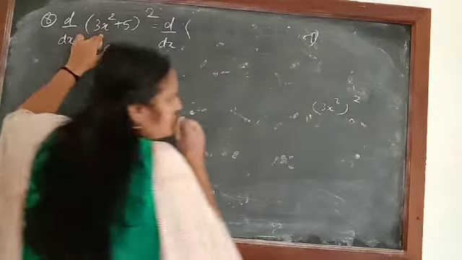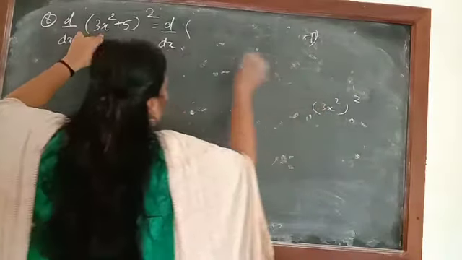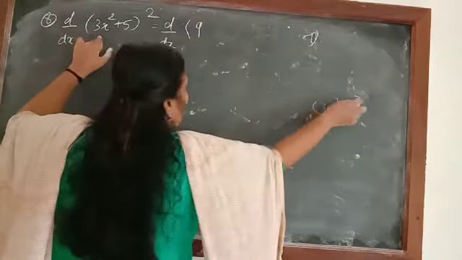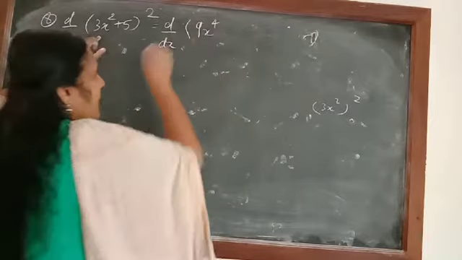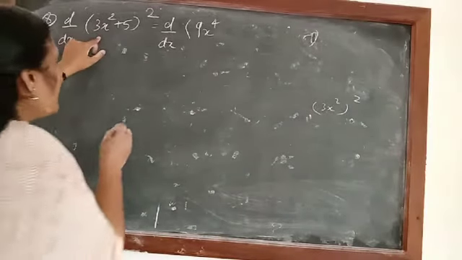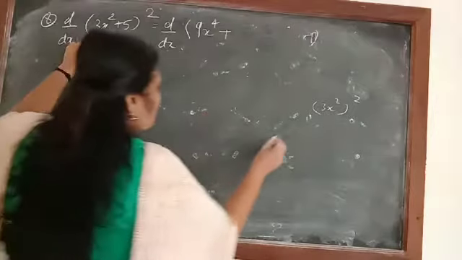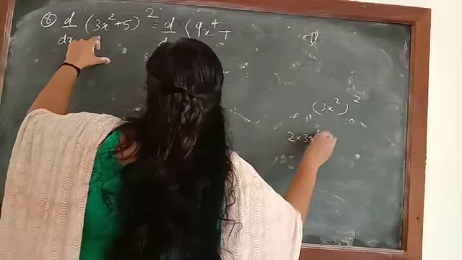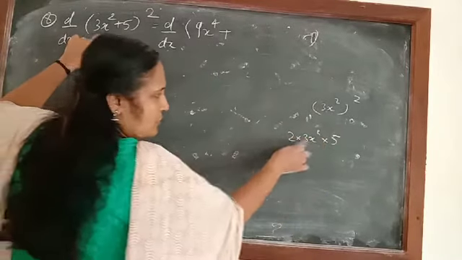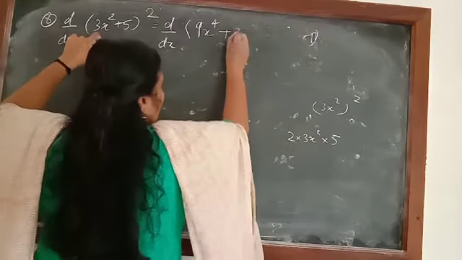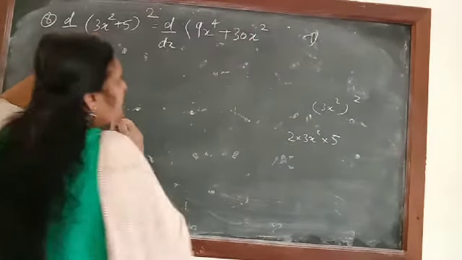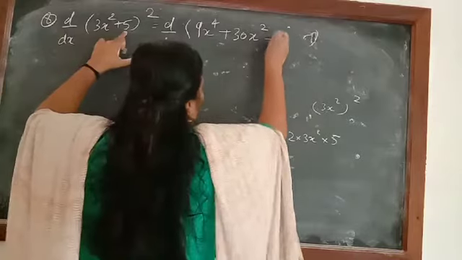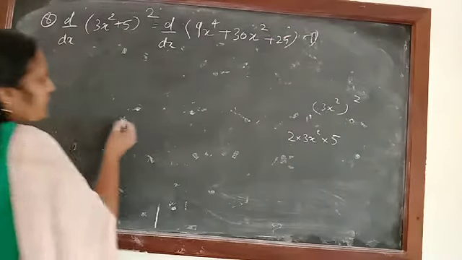What will be 3 square? 9. x square the whole square will be equal to x raised to 4. Then plus 2ab. So 2 into 3x square into 5. So 2 into 5, 10. 10 into 3, 30. We will get there 30x square plus 5 square is equal to 25.